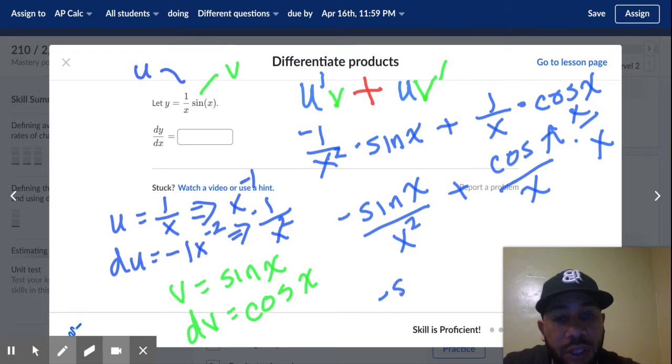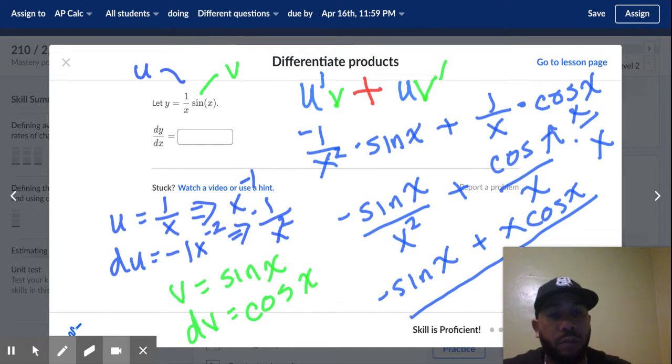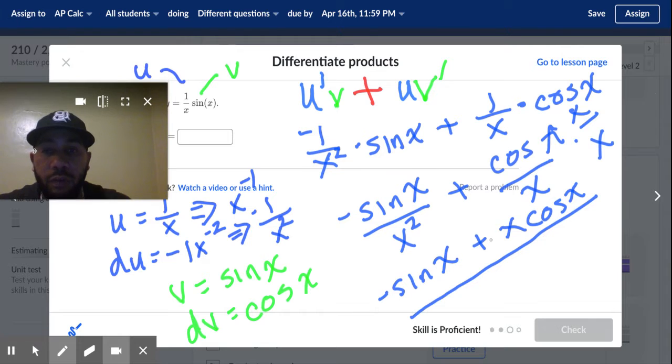Then you have negative sine x plus x cosine x, all over x squared. Let me move this so you're able to see me. I had to move it so many times.